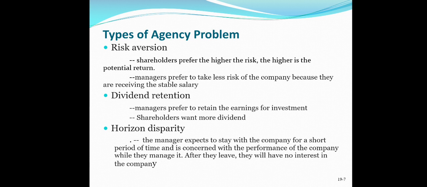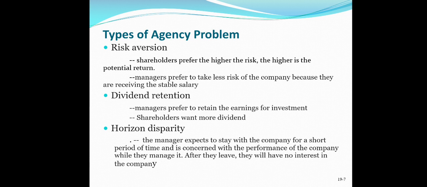The second type of agency problem is called dividend retention. In the context of board of director manager relationship, managers prefer to retain the earnings for investment. Okay, if you own a business, you are the principal, you hire a manager to manage the business.